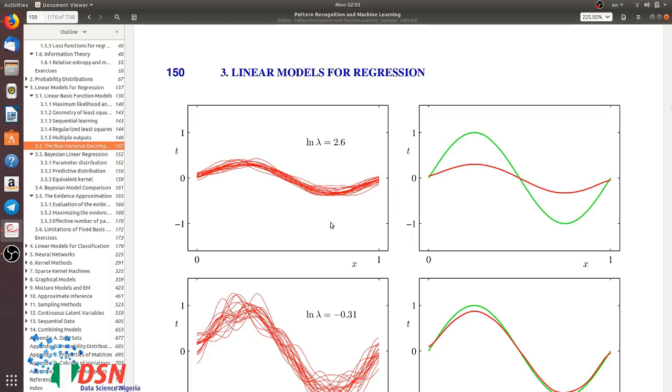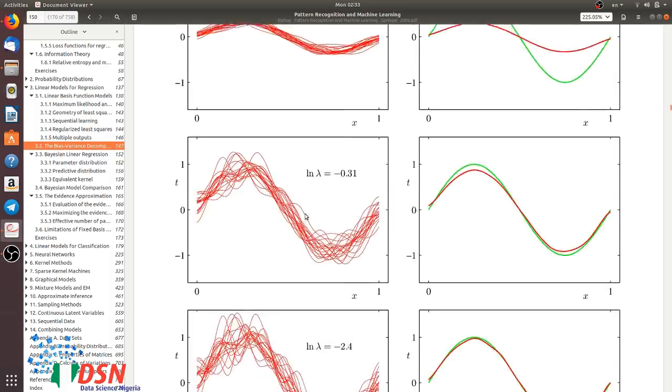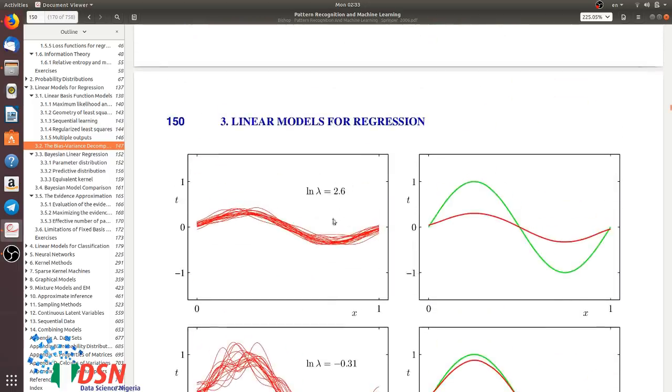As you could see in here, the value of lambda is large. So the variance of the model is very low. In here you could see that the variance of the model is low and the bias is high.